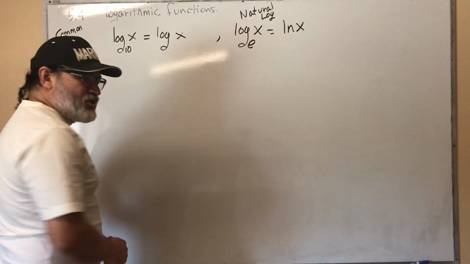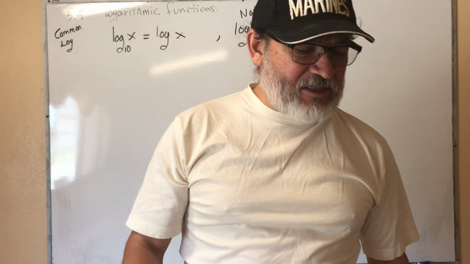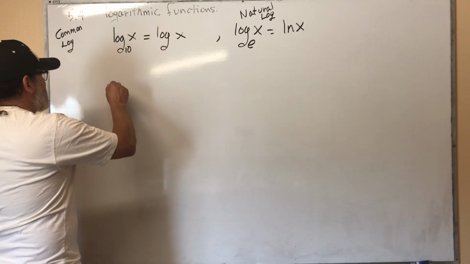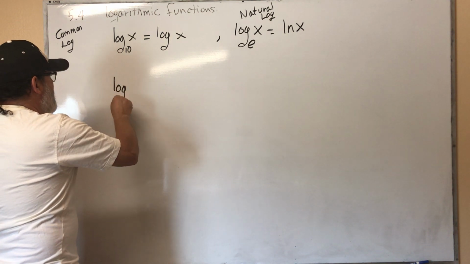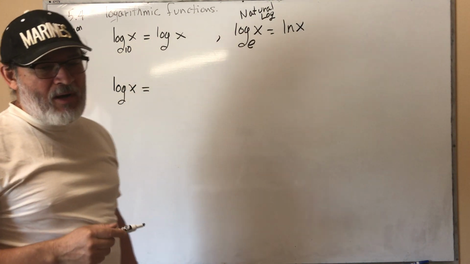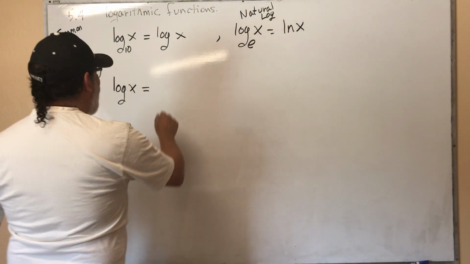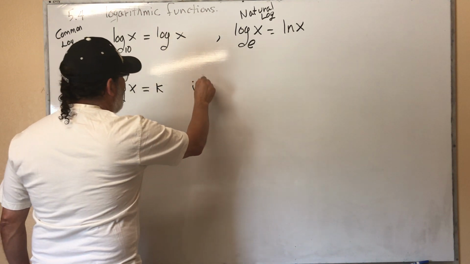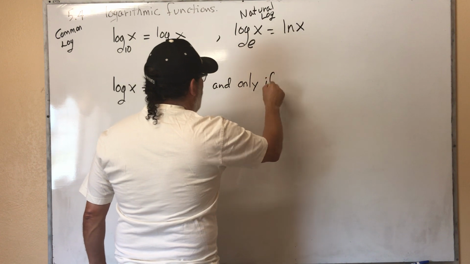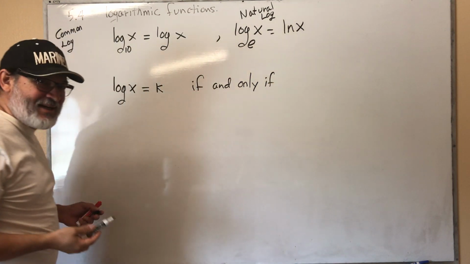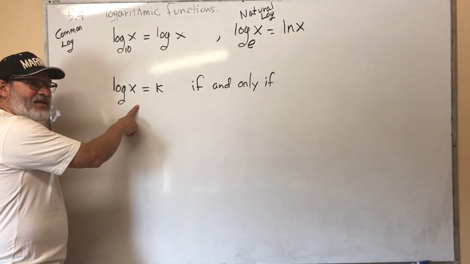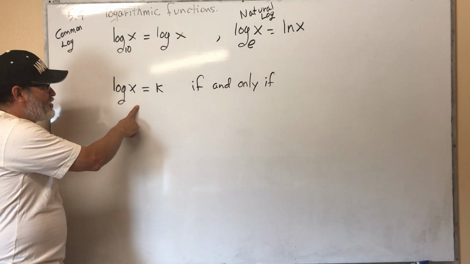Okay, so those are two logs that are going to be coming up over and over again. The book says on page 442, the book says log base 10 of x equals k if and only if what? Can we express this as an exponential expression?